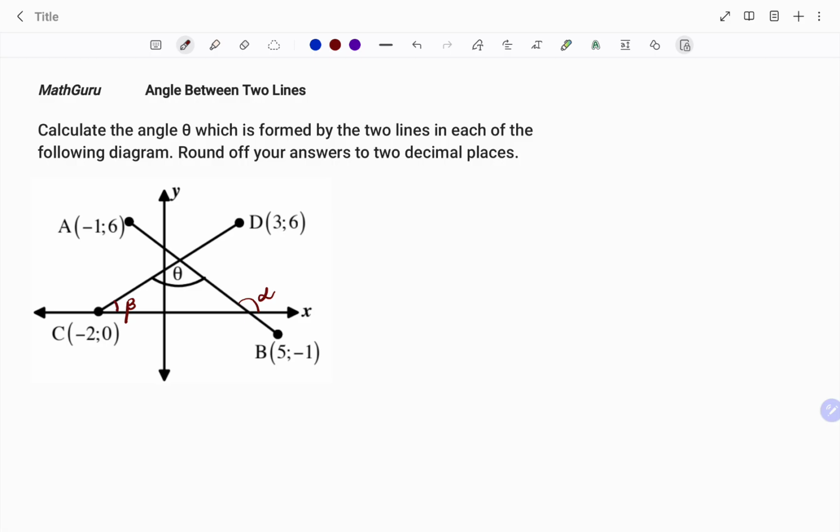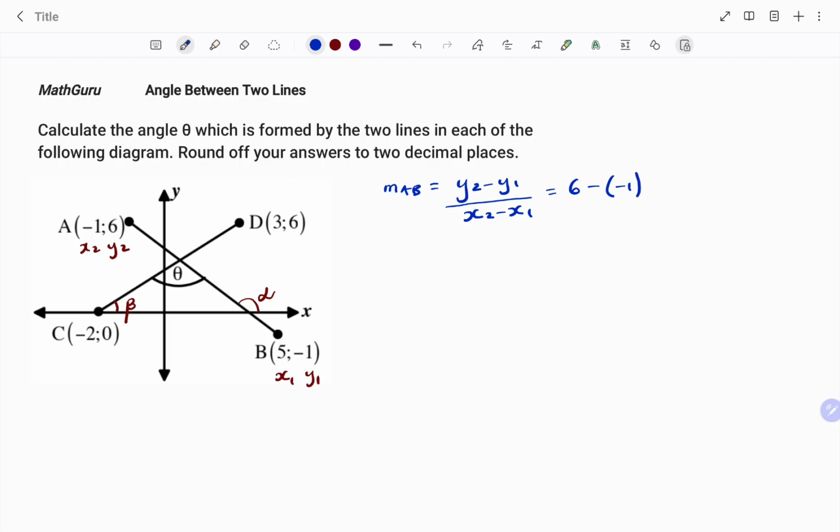So starting with alpha, the gradient of the line, m_AB, equals my change in y over my change in x. To make it easy for me to calculate, I'm going to tag my points: x1, y1, and then x2, y2. So that's equal to my y2, which is 6, minus my y1, -1.